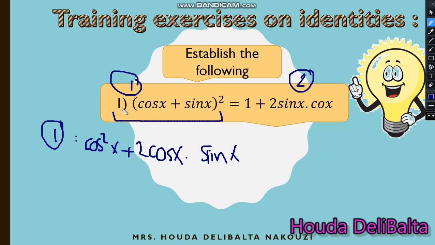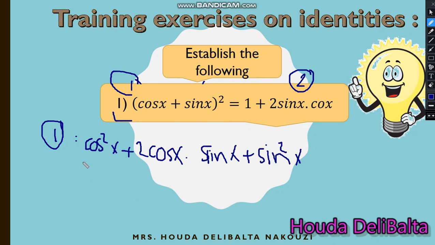I square the first one, then 2 times their product, plus sine squared x. So pay attention, you are not allowed to introduce the power like this. That's wrong, because you have a plus sign inside, so you cannot introduce the power. So pay attention to this, you just apply the identity.